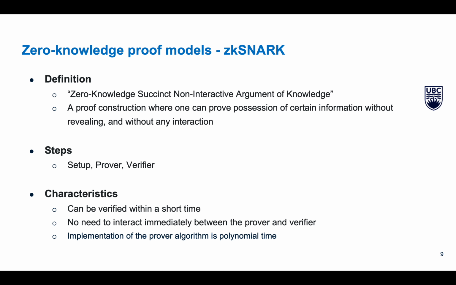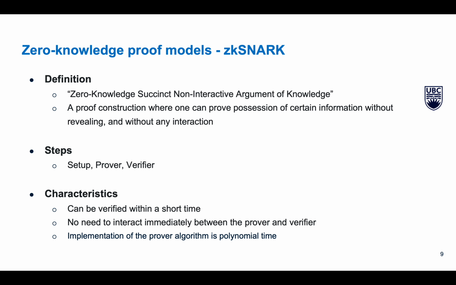zk-SNARK contains a three-step process: setup, prover, and verifier. The setup step is a procedure that generates the proving key and the verification key. And zk-SNARK has some characteristics. Firstly, the verification can be executed within a really short time.